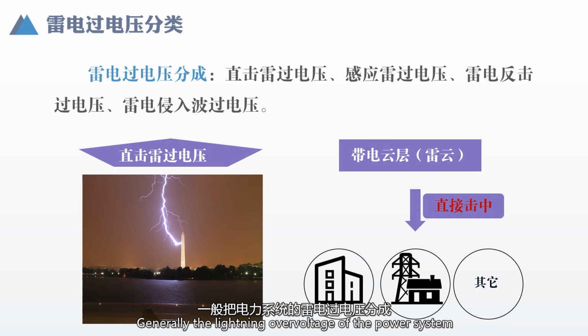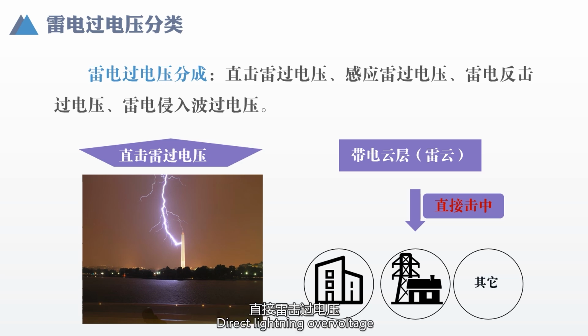Generally, the lightning overvoltage of the power system is divided into direct lightning overvoltage, induced lightning overvoltage, and lightning intrusion wave overvoltage.